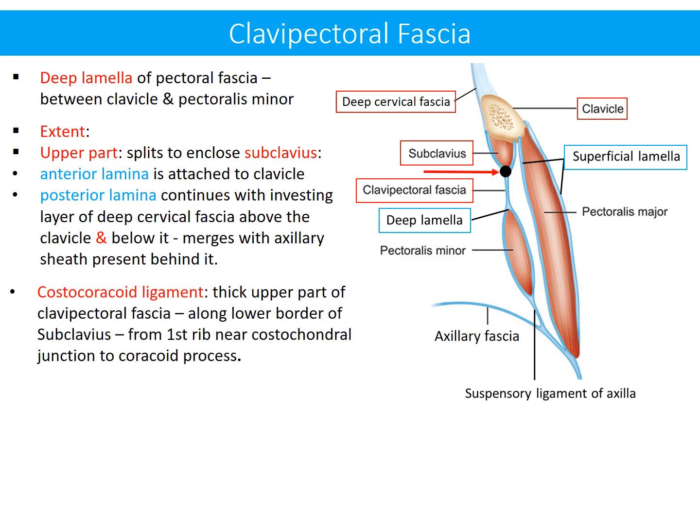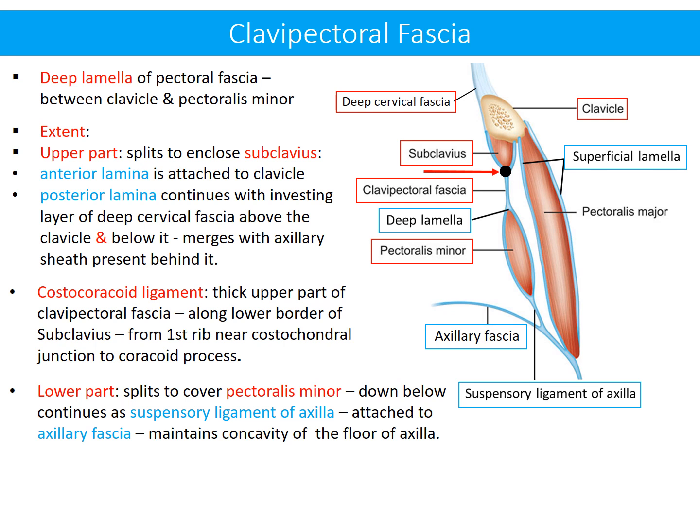The upper thick part of clavipectoral fascia, which lies along the lower border of the subclavius and extends from the first rib near the costochondral junction to the coracoid process, is named the costocoracoid ligament.